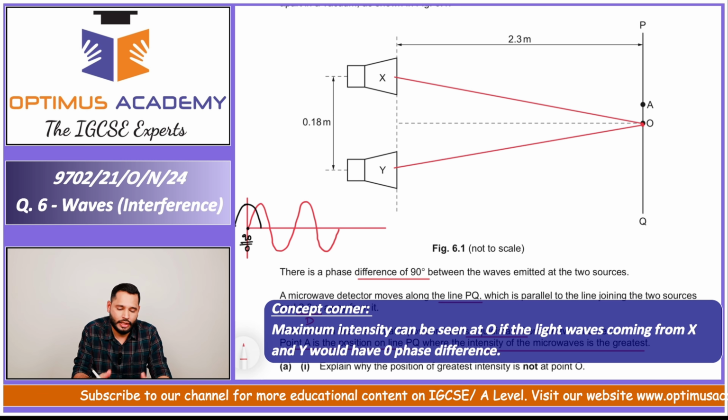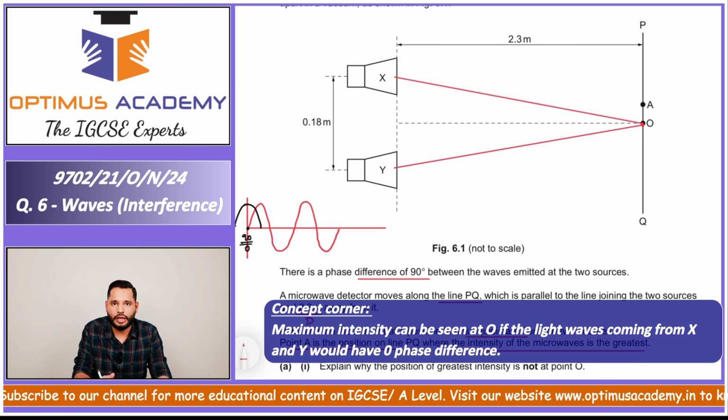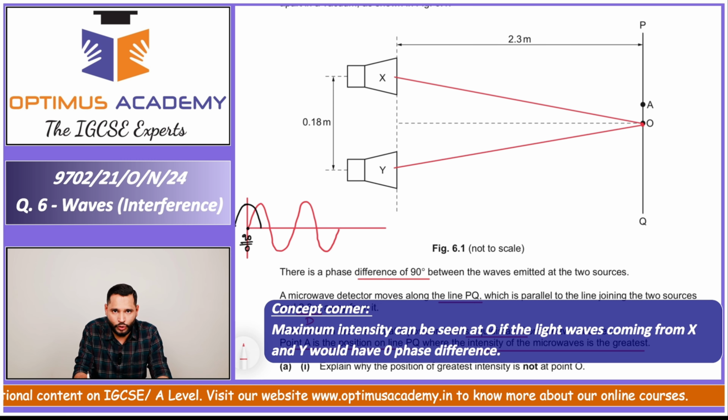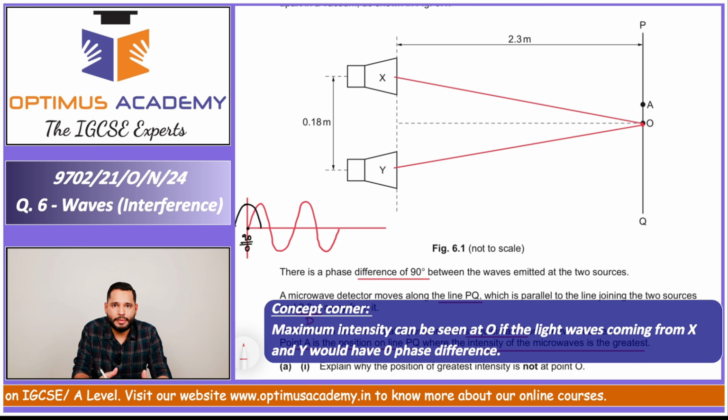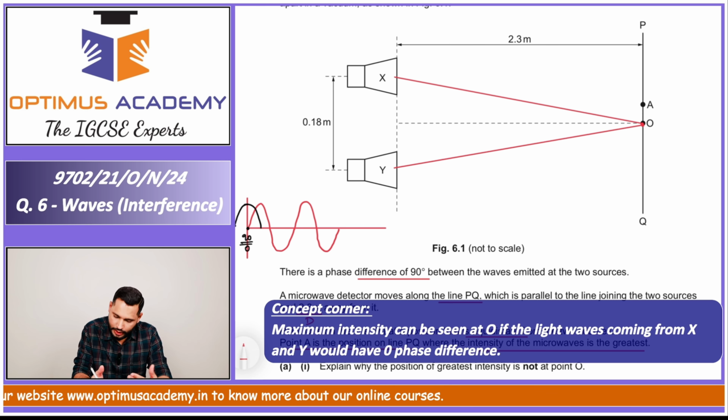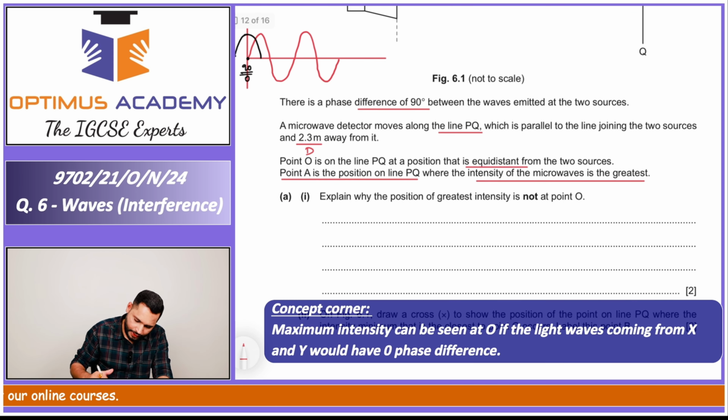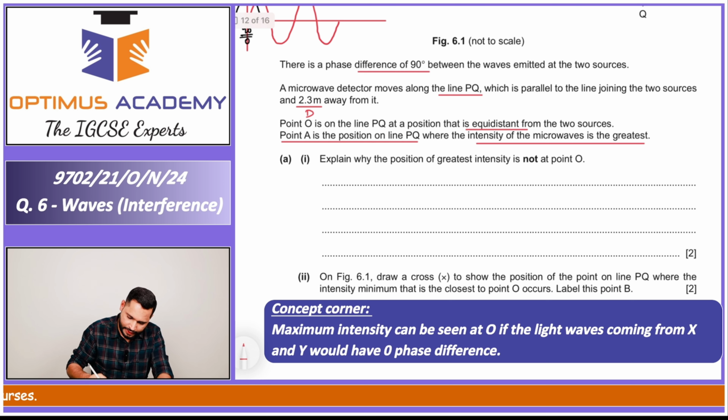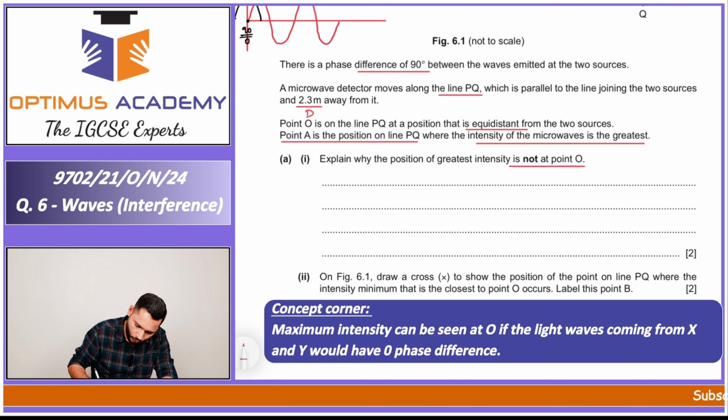So definitely the crest and crest of waves or trough and trough of the waves will not overlap each other at same distance, that is at point O. So the overlapping of crest and crest will be slightly away from point O on either side, that is on the above side of O or the below side of O, but it will not form its maxima at point O. They are asking, explain why the position of greatest intensity is not at point O.